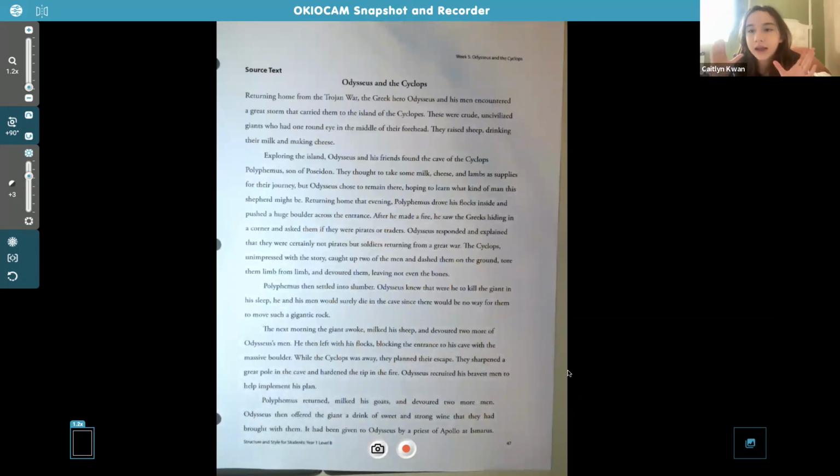Like, no, they clinged onto the bottom of the sheep, because since the Cyclops couldn't see, he patted the back of each of his sheep to make sure that they weren't escaping, and they knew that he was going to do that, so they decided to cling underneath the sheep so they could get out without him. Yes. Great. That's good.